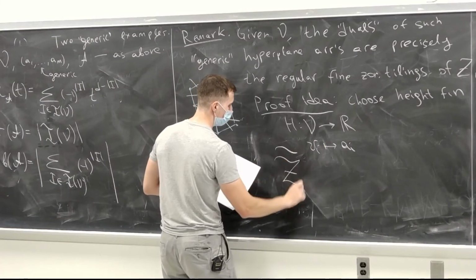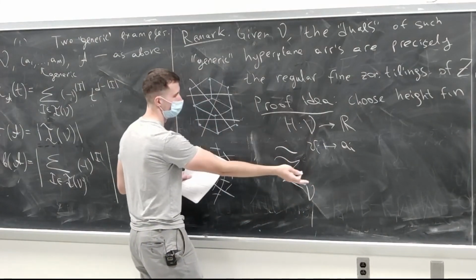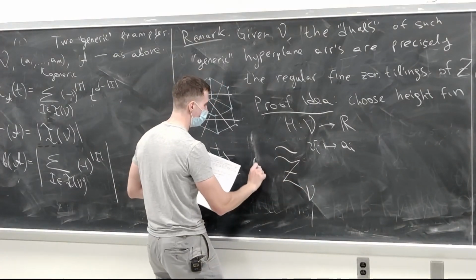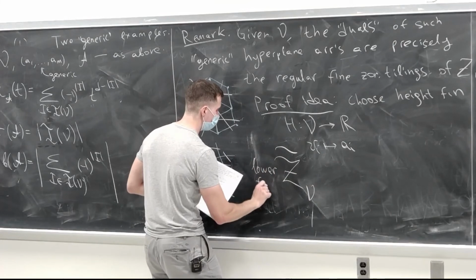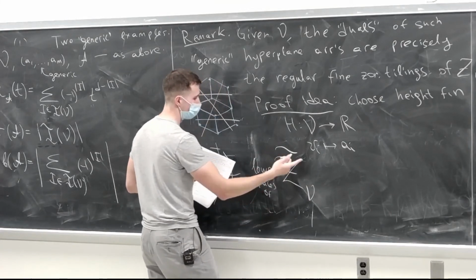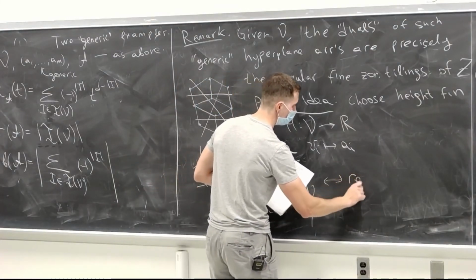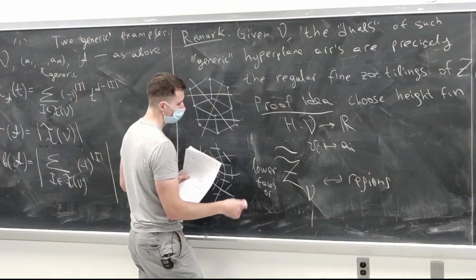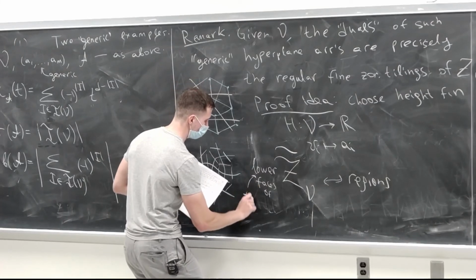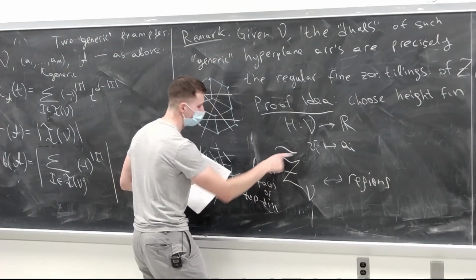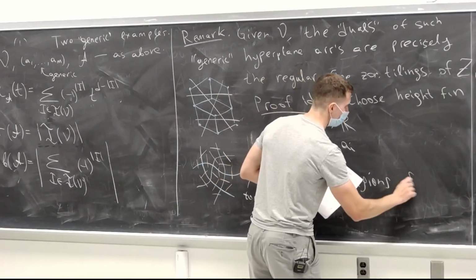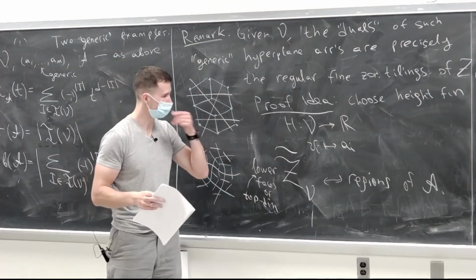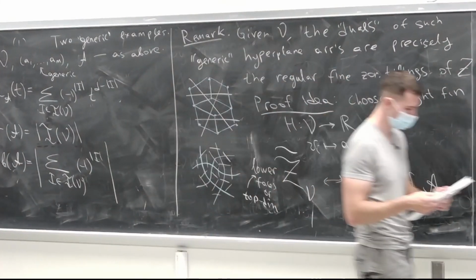There's this zonotope Z tilde of V, so you lift everything up by 1 dimension and take the zonotope. And then the claim is that the lower faces of this thing, the top dimensional faces, are in bijection with the regions of the corresponding shifted hyperplane arrangement. Or something like this, maybe upper faces, something like this should be true.